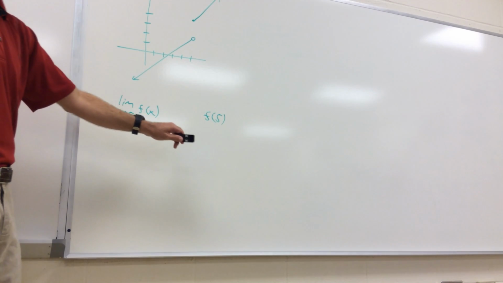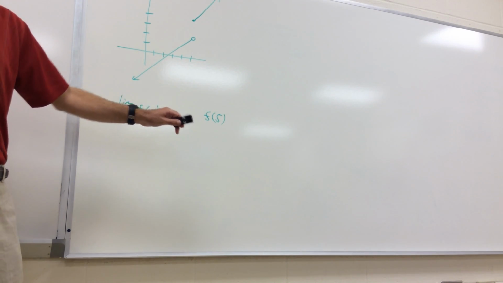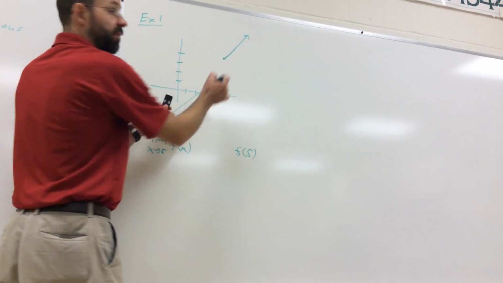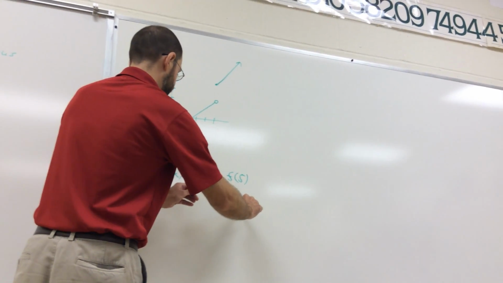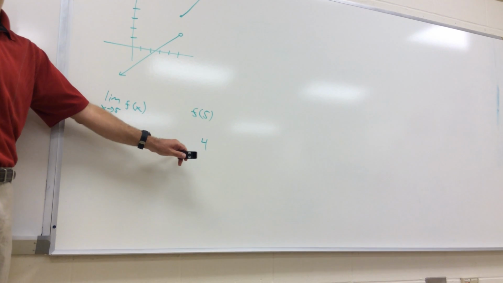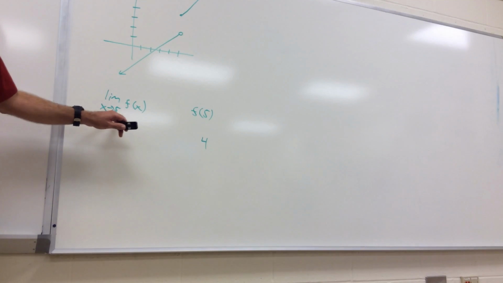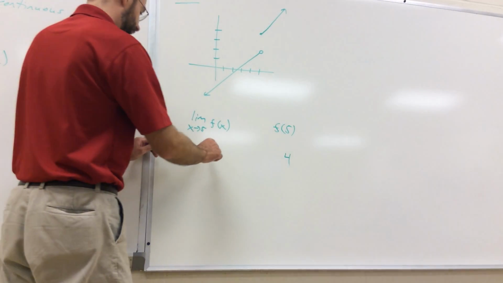f of 5 means give me the y value at 5. So that just means go over 5, and then I can tell that the dot's up there at 4. So f of 5 is 4. On the other hand, let's calculate the limit towards 5.